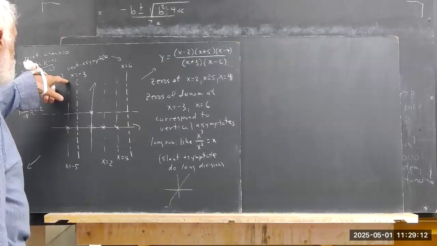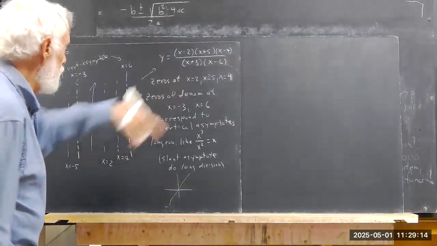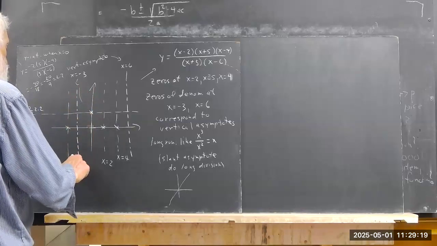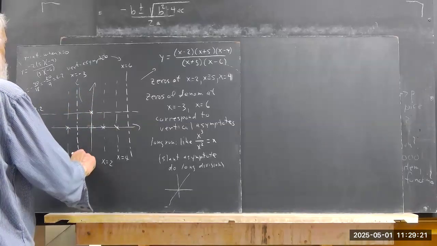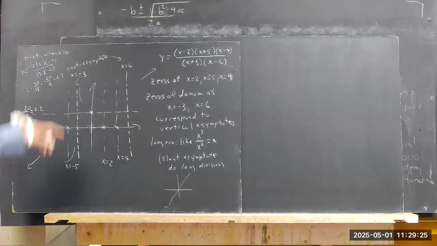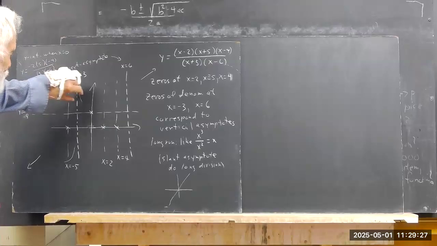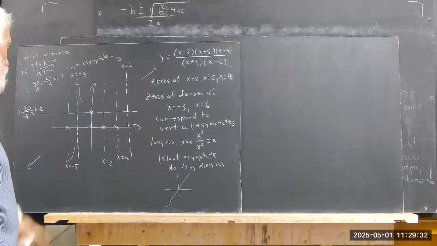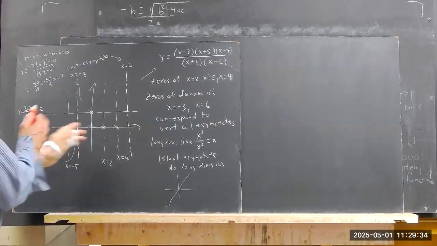So at x equals -3, this thing acts like a reciprocal graph. Got to do something like this, something like this. Maybe you have to flip this about the line x equals -3.